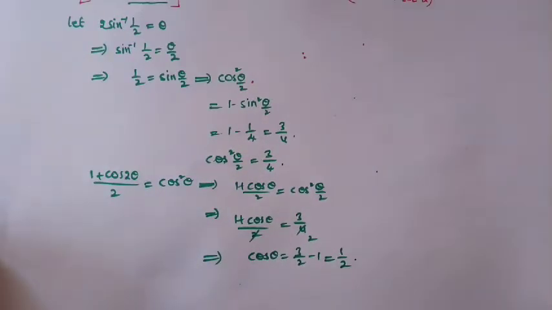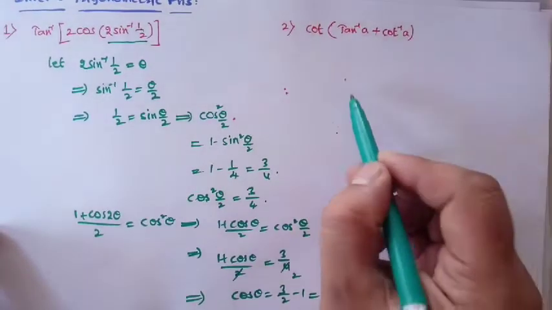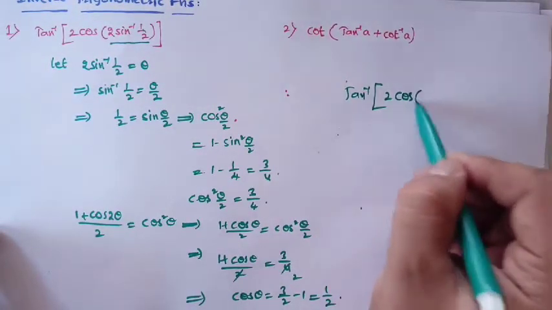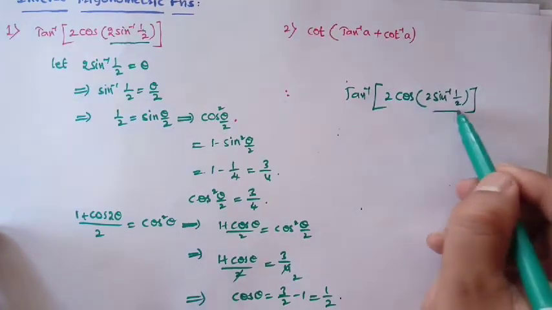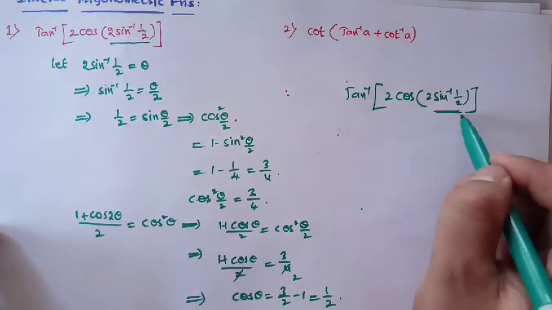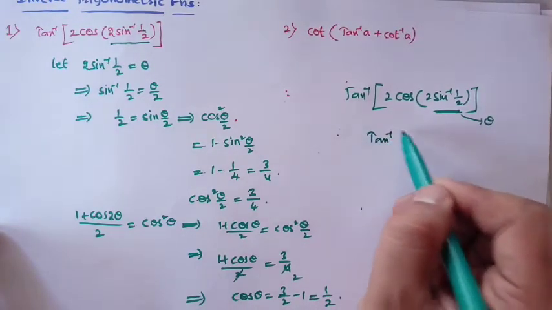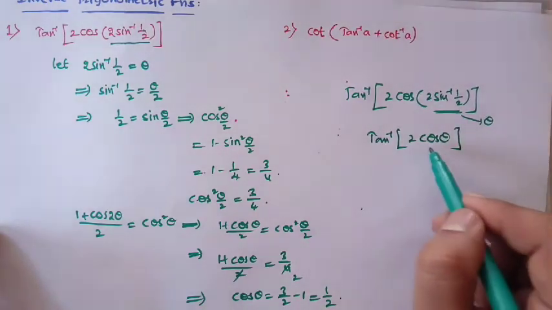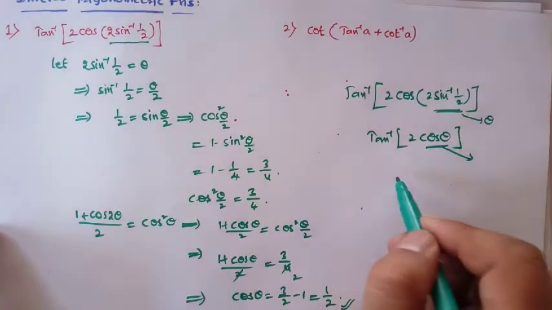Now look at the question. What is given: tan inverse of 2 cos 2 sine inverse of 1 by 2. We already took this particular value as theta. Then it becomes tan inverse of 2 cos theta. Now cos theta value we got as 1 by 2. You put this value 1 by 2 here.